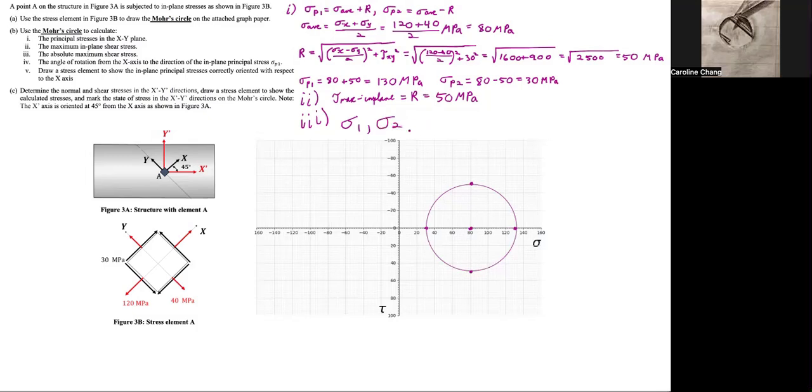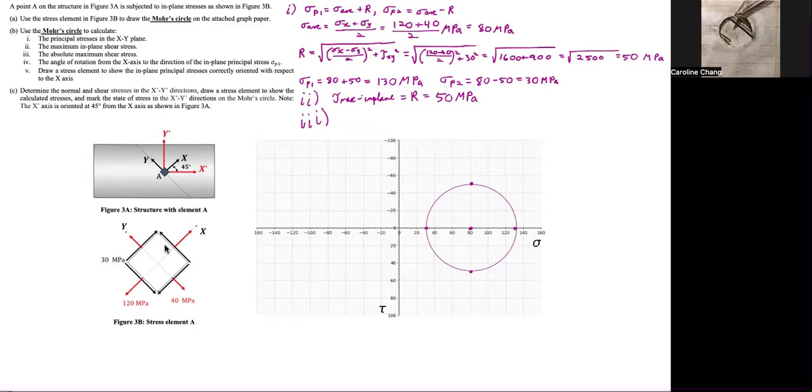But we also have to take into account sigma 3 because sometimes there are three-dimensional problems and there's always a z-axis pointing outwards. So you have to take into account the z-axis. That's why it's called our out-of-plane Mohr circle, because it is out of the plane.